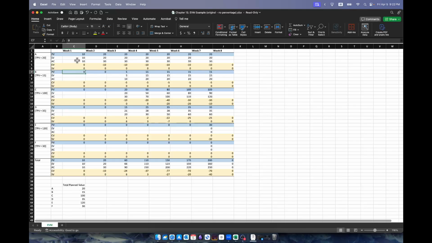So let's first take a look at this part, this total plan value. Plan value for A is 20, plan value for B is 15, C is 100, then 35, 120, and 30. Essentially, you can consider the planned value as your budget, the total dollar amount budgeted when you say you're done with activity A. That's what we call the planned value.